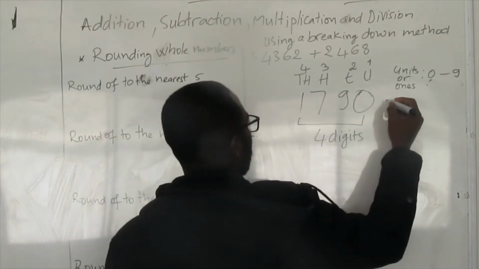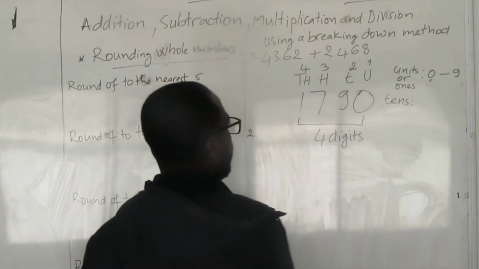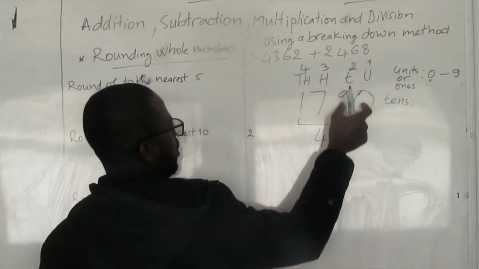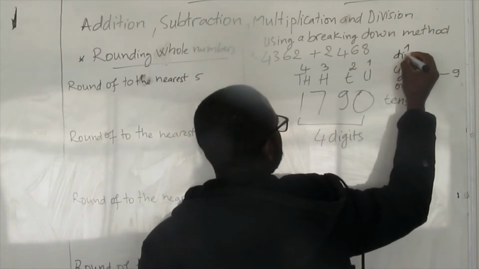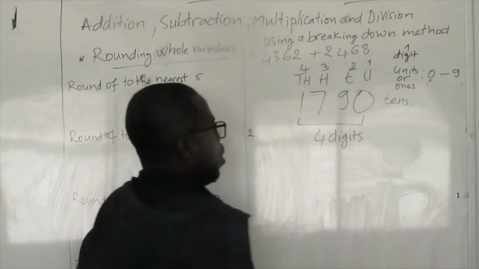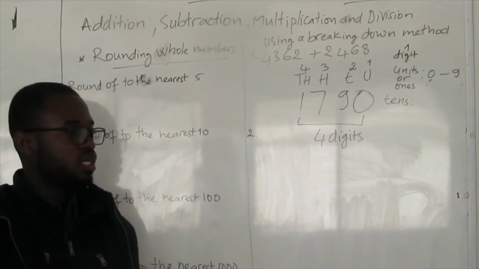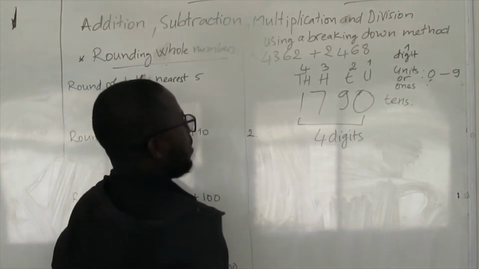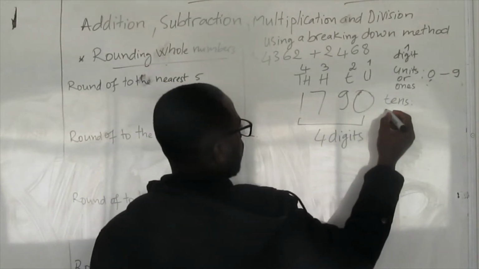Now, when we go to position 2, tens. So look at our tens. How many digits? Units only have 1 digit. So when you have only 1 digit, you have units or ones. Now, with our tens, we have how many digits? Look here, 2 digits.